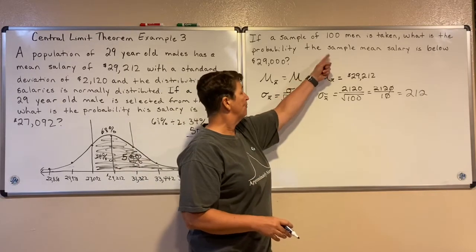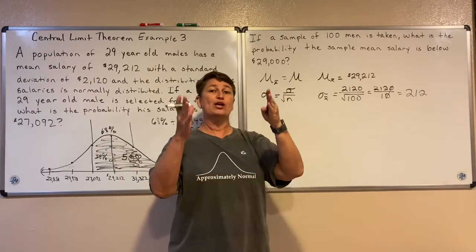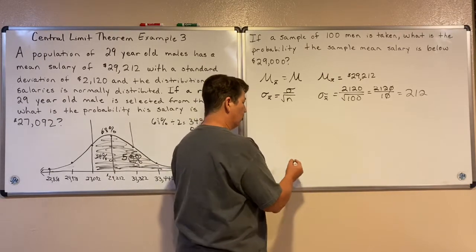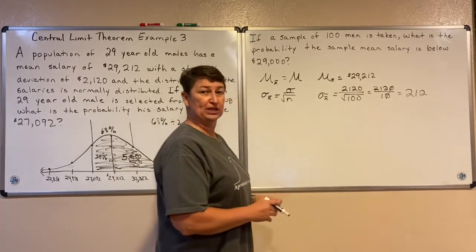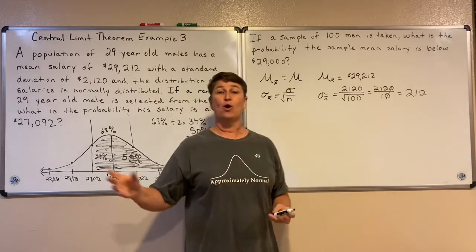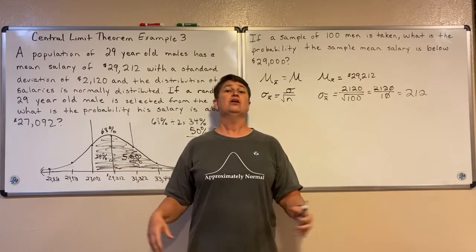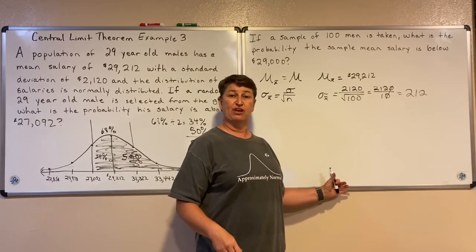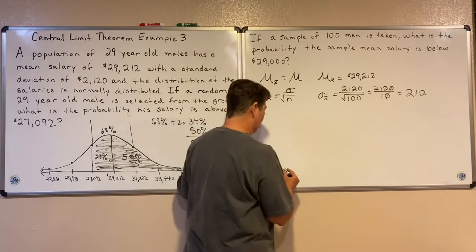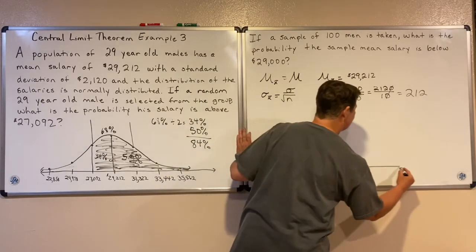So we have this new distribution of sample means, and we know that one is also normally distributed. The central limit theorem tells me no matter what the original distribution was, this distribution of sample means would be normally distributed. And so I can draw a picture of it as well.